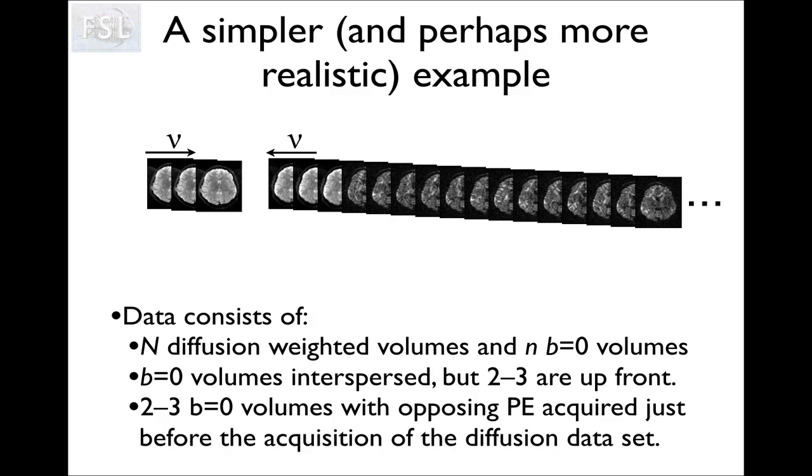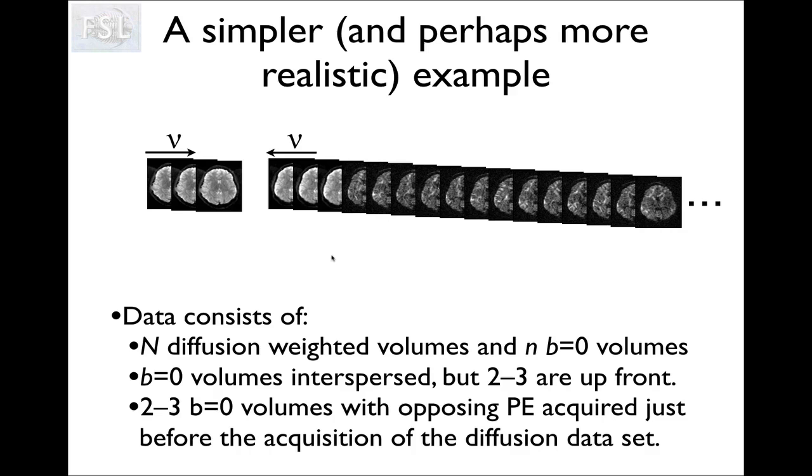Now, a simpler and perhaps more realistic example for the kind of data sets that you use in practice when you're not using the HCP data would be that you have one diffusion data set consisting of n diffusion weighted volumes and small n B0 volumes. Now, the B0 volumes can be interspersed, they probably should, but keep 2 or 3 up front. So start out with 2 or 3 B0 volumes.